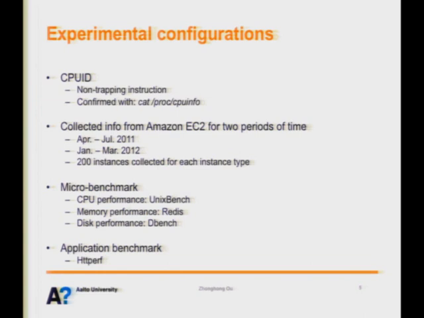So we used SPEC CPU to do this work. We used around 10 different micro benchmark tools and a bunch of application benchmark tools to verify our results and to see if the performance variation is accidental, or actually true and consistent among all of the benchmark tools.